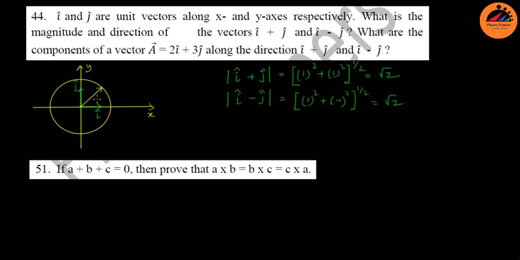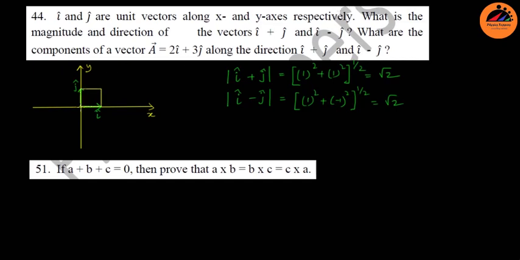Geometrically, that should be i plus j, correct.